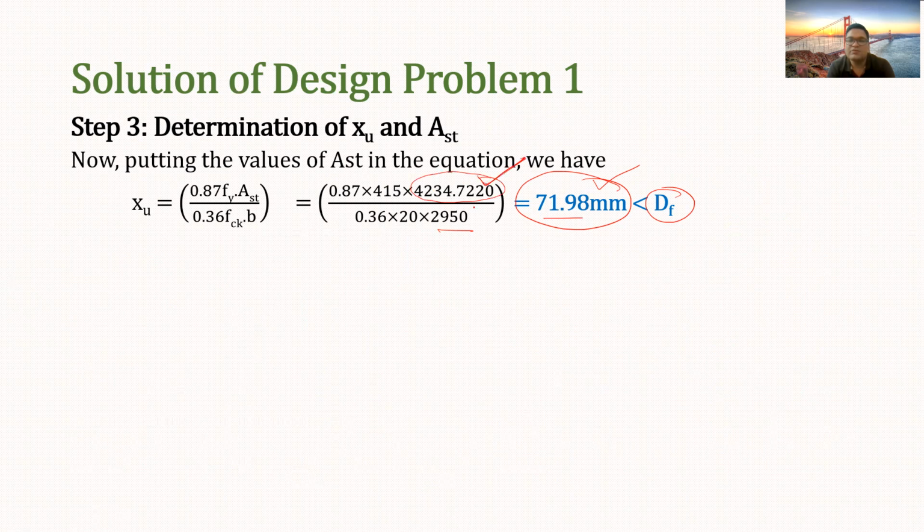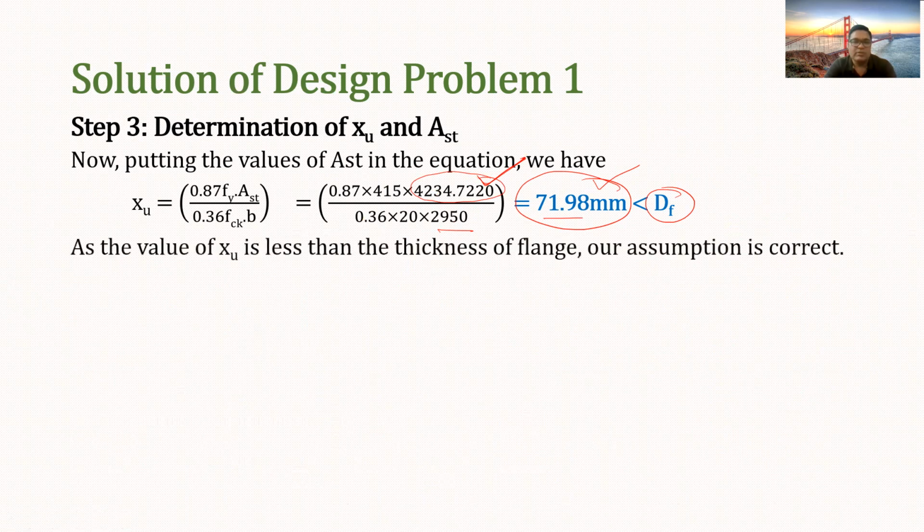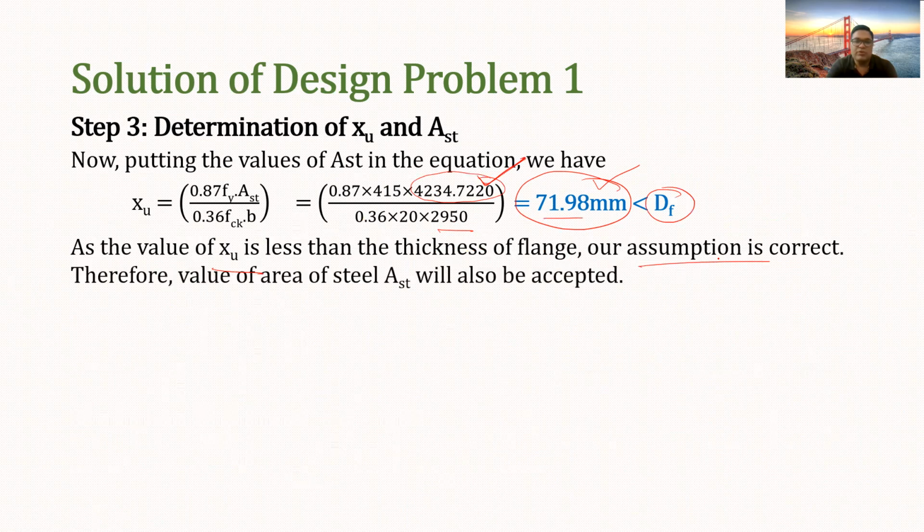So this much area of steel is to be provided in our beam to resist the required maximum bending moment. As I said, as the value of XU is less than the thickness of flange, our assumption is correct. So the area of steel that we have calculated will be accepted.